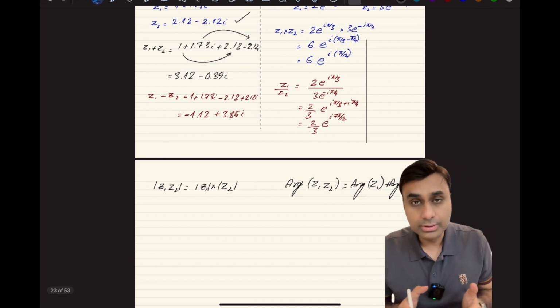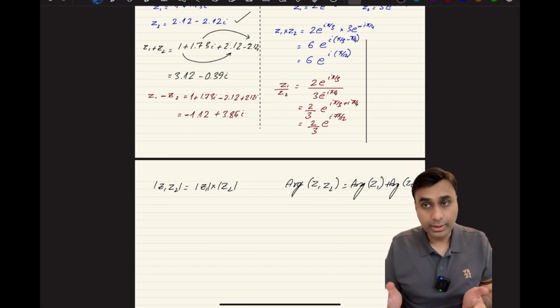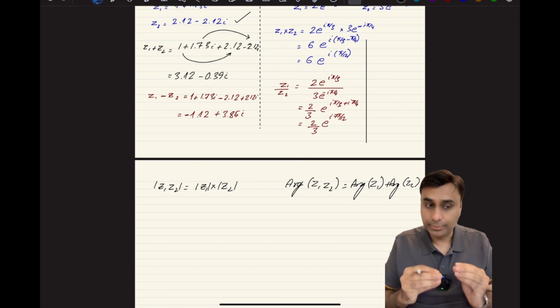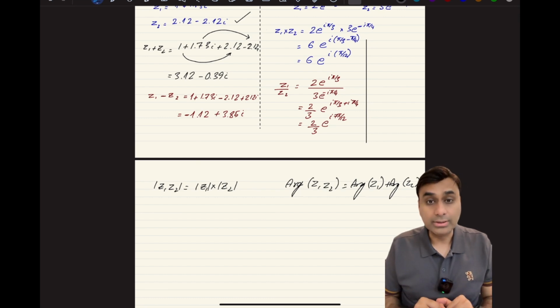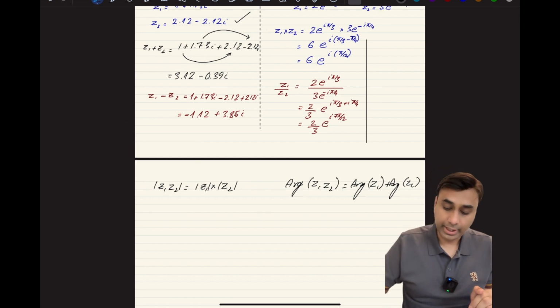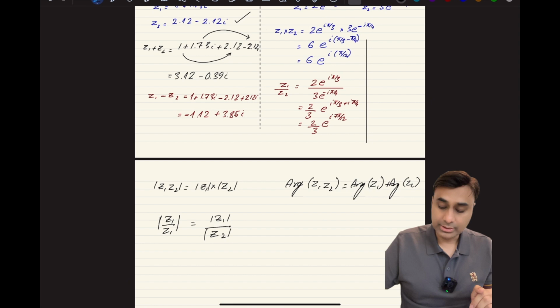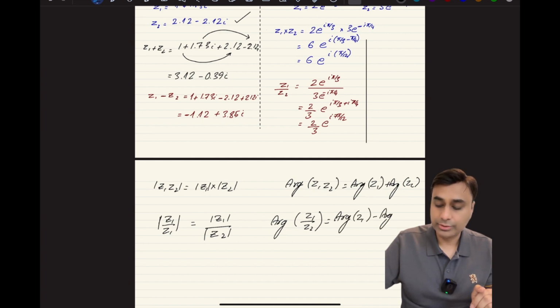If two complex numbers are being multiplied, then their moduli are multiplied directly, but their arguments are added. Likewise, if you have two complex numbers being divided, then the modulus of z1 upon z2 would be just directly modulus of z1 divided by modulus of z2, whereas argument of z1 over z2 is going to be argument of z1 minus argument of z2.